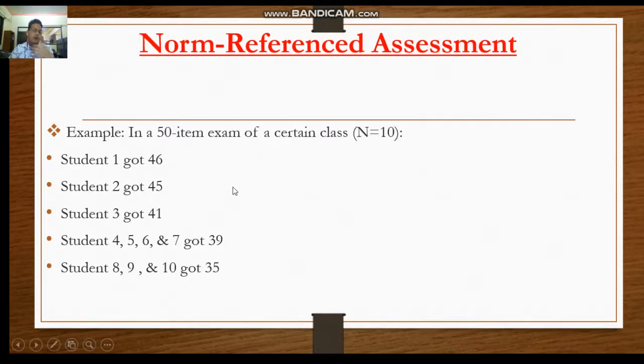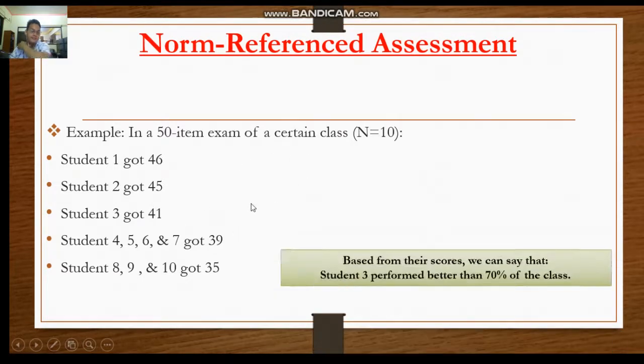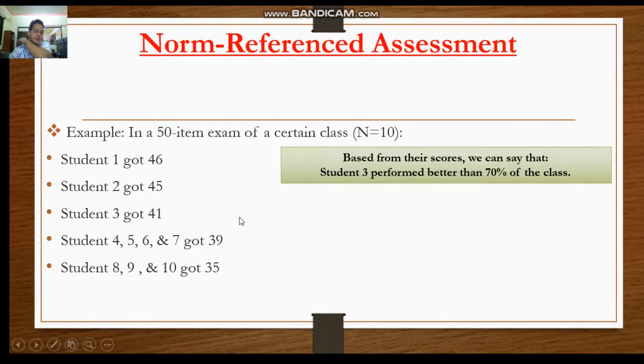Now, how are we going to interpret these scores of our students using norm reference assessment? This is how you are going to interpret this. Based on the scores of the 10 students, we can say that student 3 performed better than 70% of the class.